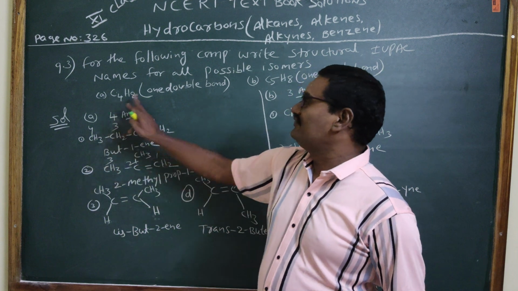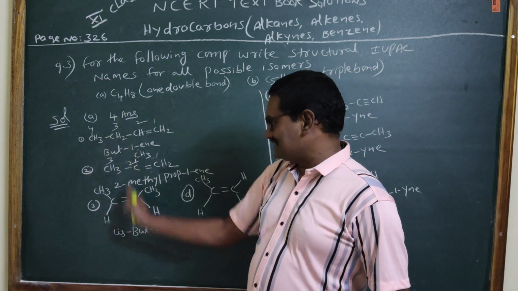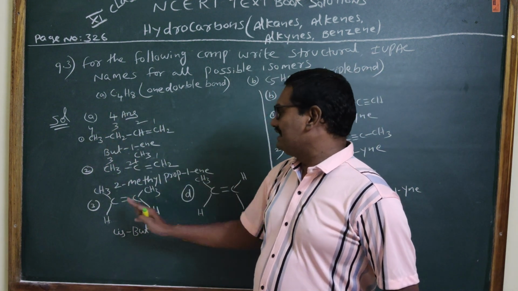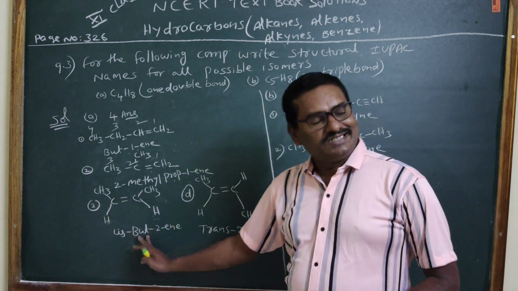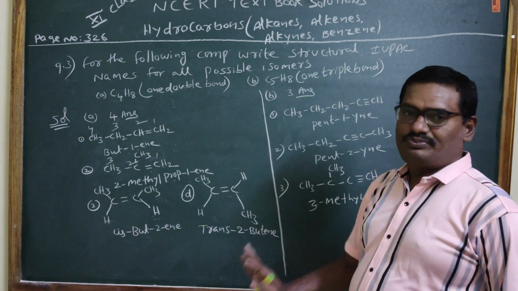So total C4H8 has 4 structures: but-1-ene, 2-methylpropene, cis-but-2-ene, trans-2-butene.